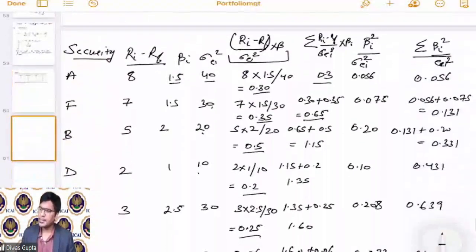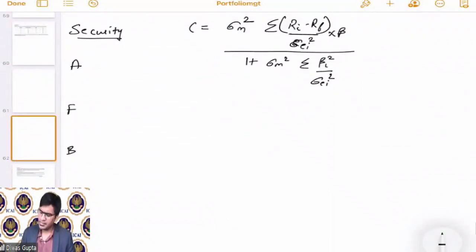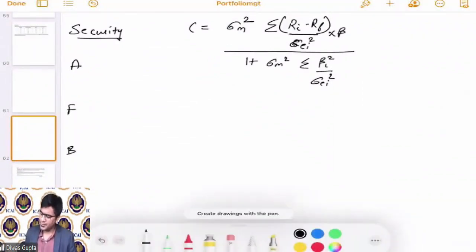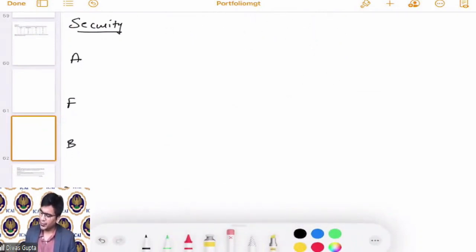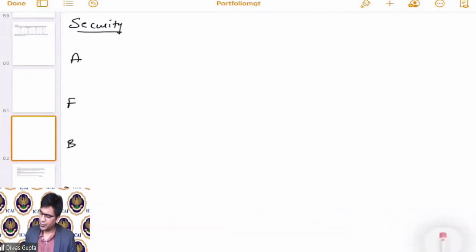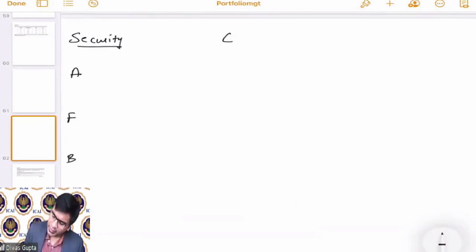This is the formula. Because of the space constraint, this is what I just wanted to make. So now let us calculate the C value. Now students, for the C value, for the numerator, we have market variance as 0.10 multiplied by the summation, first value 0.30.